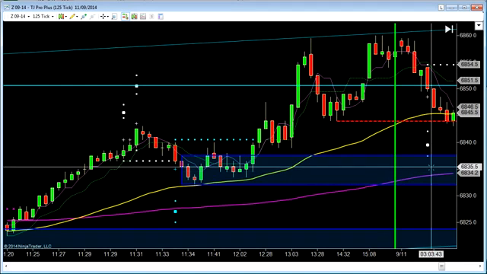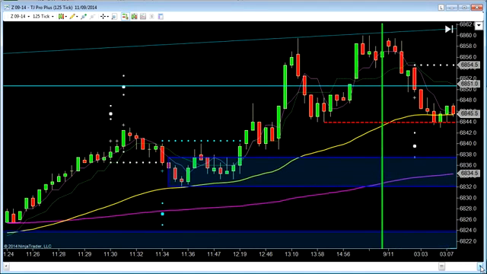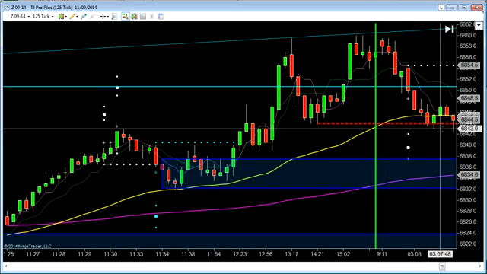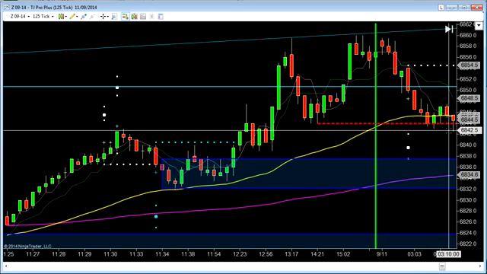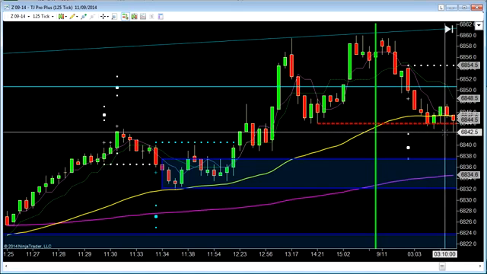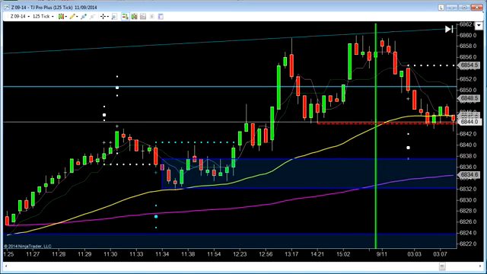At this point we moved up a little bit, and then we came back down and retested, and we just got through by one tick.